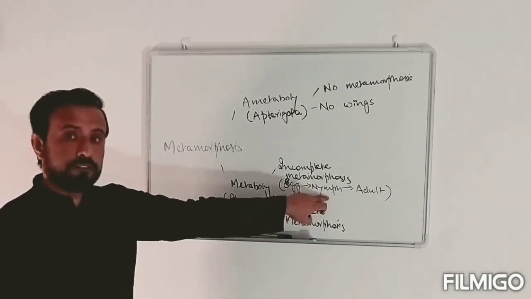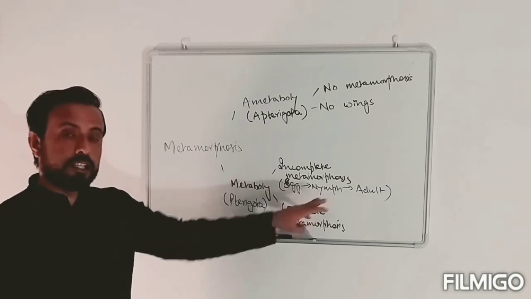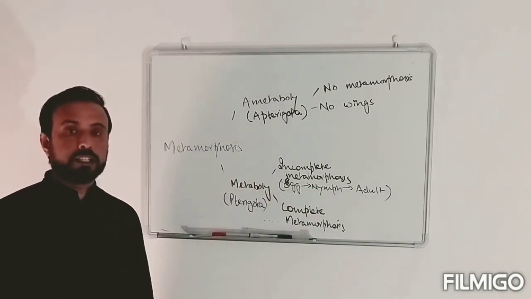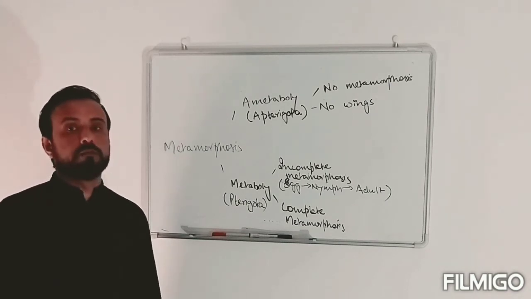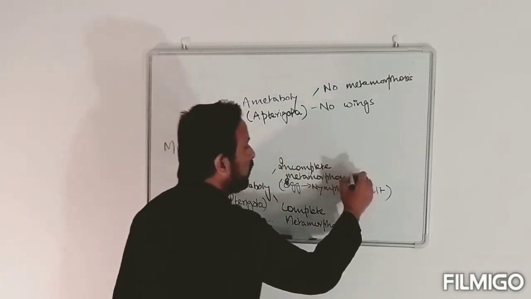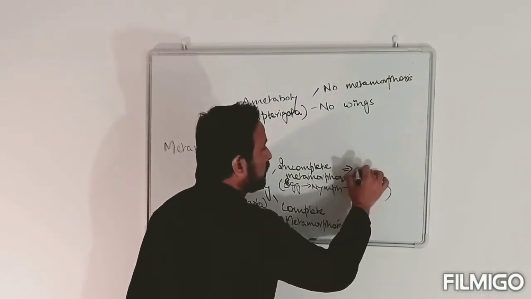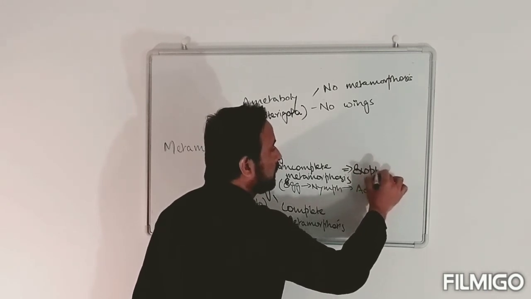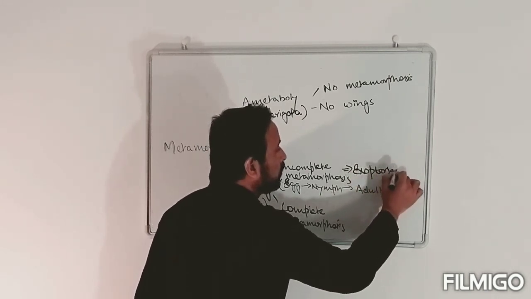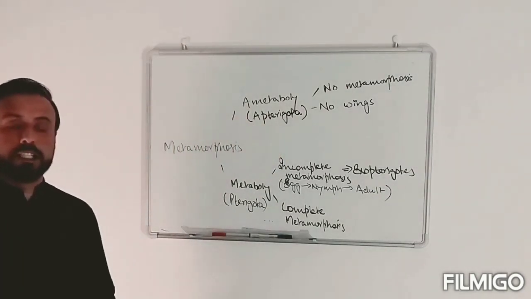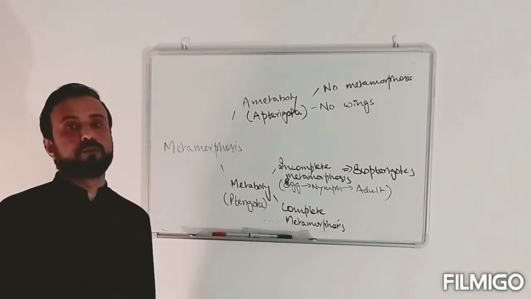Because they have this nymph stage, sometimes they develop the wing in this nymph stage, but not inside the body, but outside the body. That is why they are also called exopterygotes.